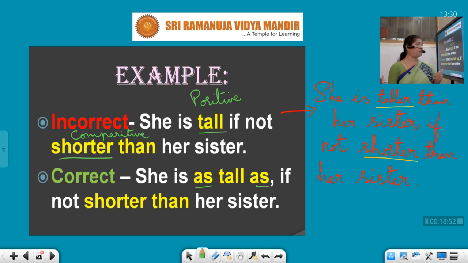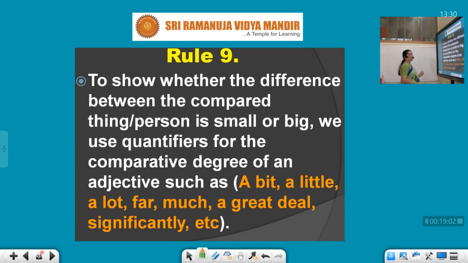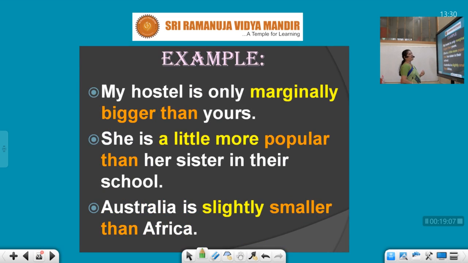Did you understand? Instead of using two adjectives like this to confuse you, instead of using a positive and a comparative, I better use it like this. Examples are, my hostel is only marginally bigger than yours. Marginally means little.